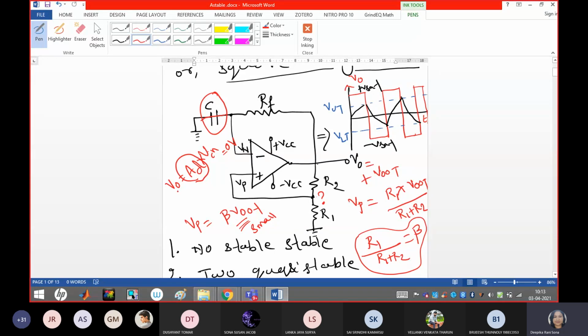So obviously I may get a higher range of positive voltage of V0. Yes or no? By the help of the high gain, this beta VOOT becomes very high or not? Now the total output voltage will become a high positive value.